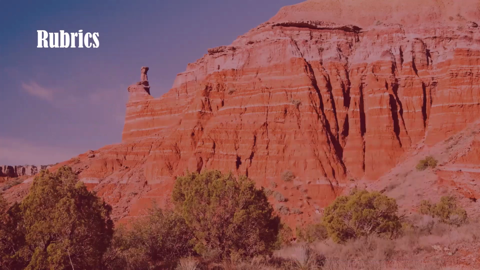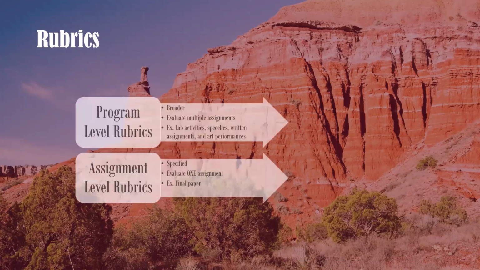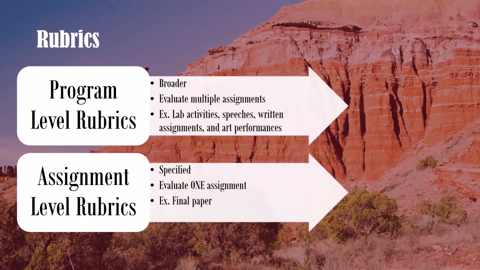There are two types of rubrics that can be used for evaluation: program level rubrics and assignment level rubrics. The first is program level. These are generally broader than assignment level and are used to evaluate multiple assignments. Lab activities, speeches, written assignments, and art performances can all be evaluated using one single program level rubric, whereas assignment level rubrics outline specifics for one assignment only.